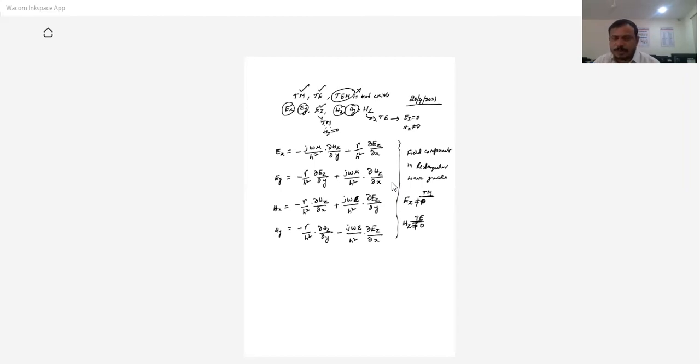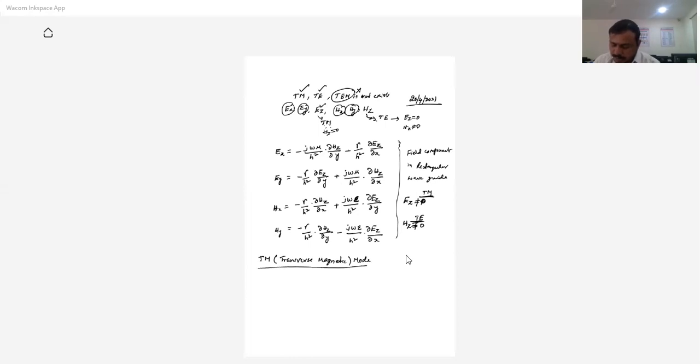All these four components, EX, EY, HX, HY, are in terms of HZ and EZ only. Last class we saw the TM mode, the transverse magnetic mode.